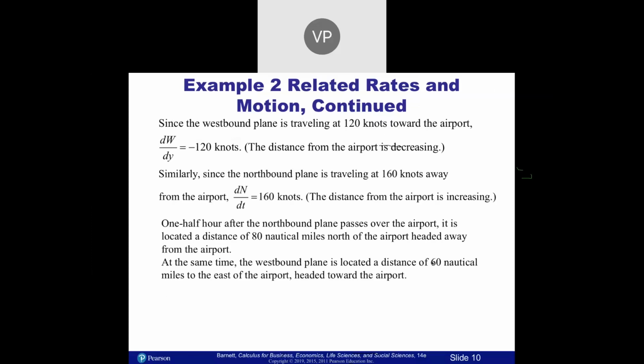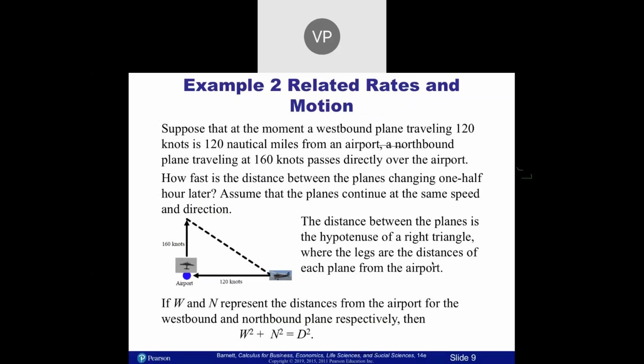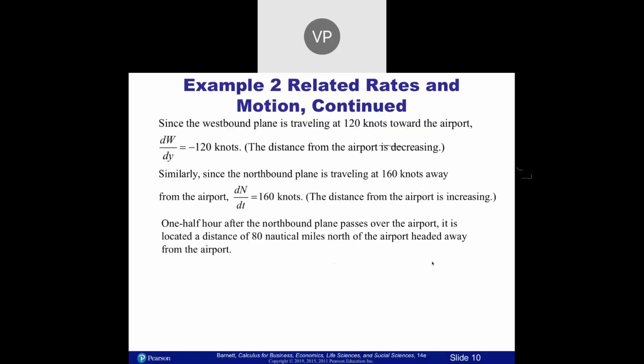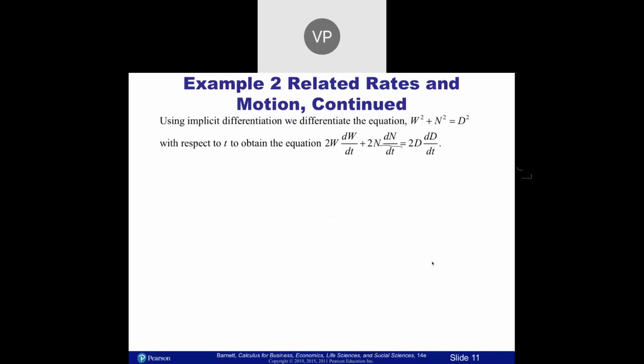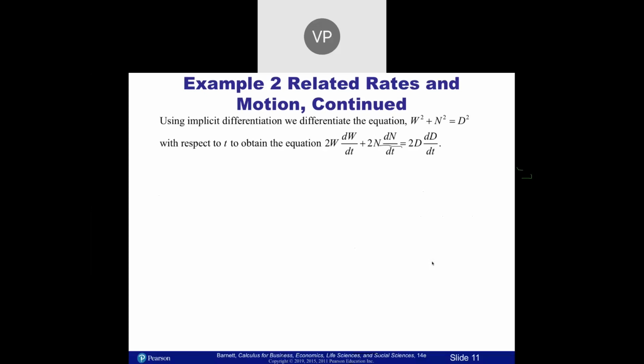Remember the question being asked is, how fast is the distance between planes changing? So they didn't ask you how far apart they were. They asked, how fast is the distance changing? So when they ask you how fast is the distance between planes changing, this is the thing they want you to find right here.